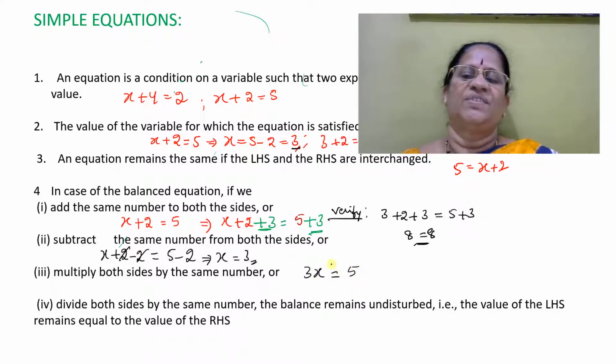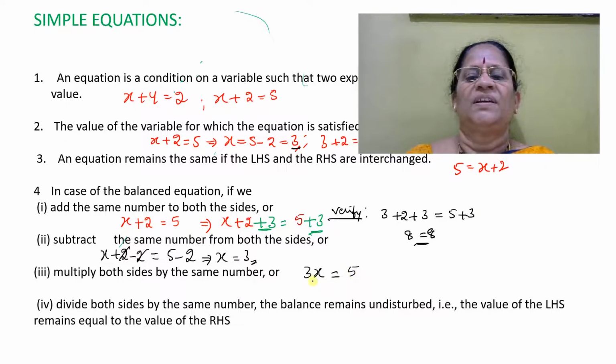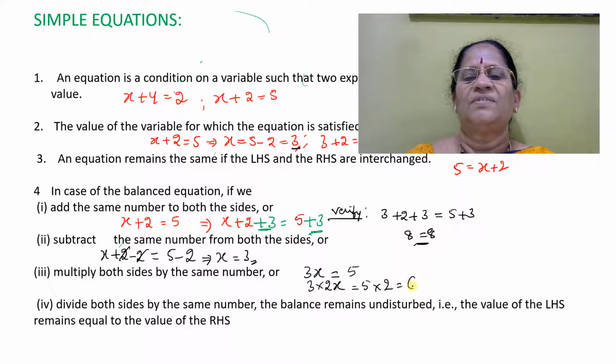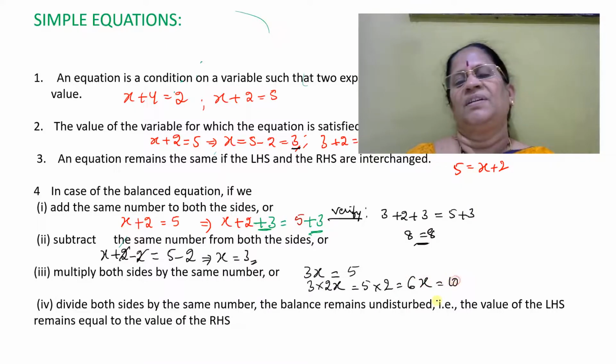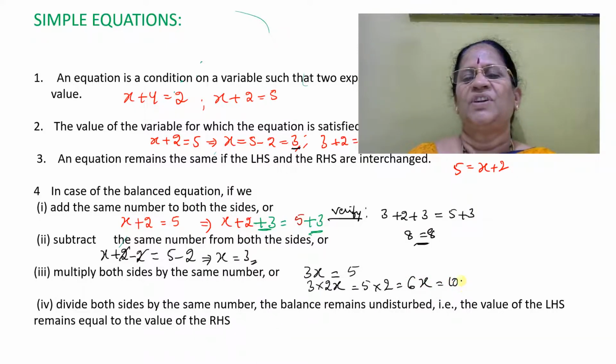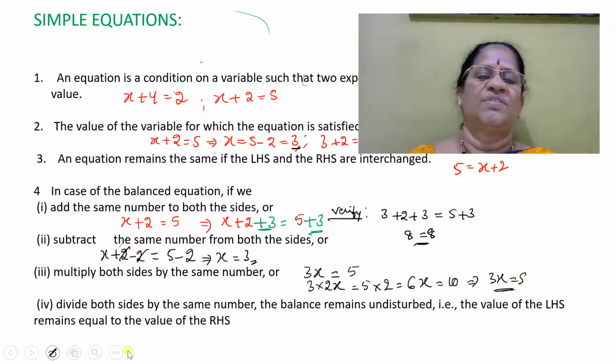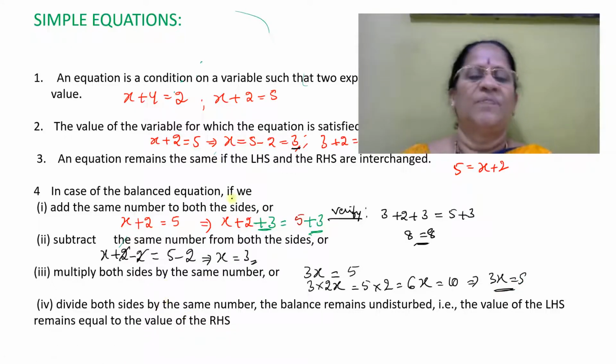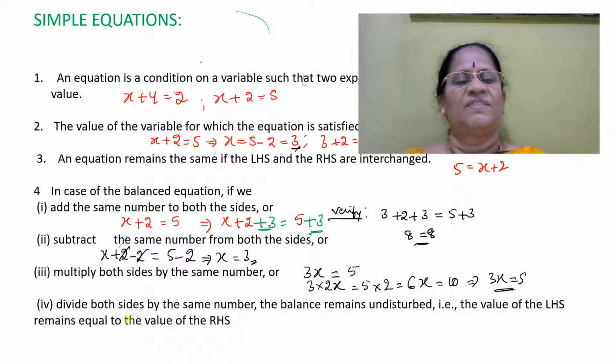If this is the equation, then you multiply both the sides by the same number, like 2. 3 2s are 6x is equal to 5 into 2, which is 10. Then the value will not be changed. If you simplify this, again you will get 3x is equal to 5, the original equation. So when you multiply both the sides by the same number, the value of the equation remains the same.